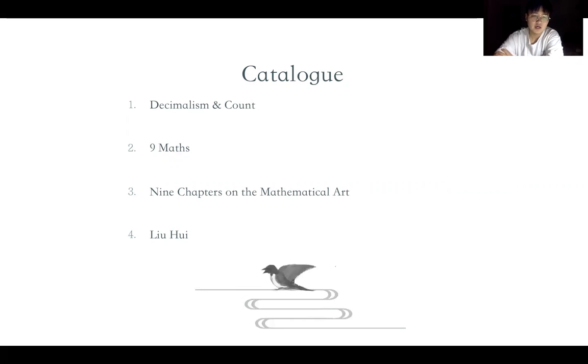And then I'm going to talk about nine maths, which is nine branches of mathematics. Then I'm going to talk about the book named Nine Chapters on the Mathematical Art. In the end, I'm going to talk about Liu Hui, and that will be the end of my presentation.